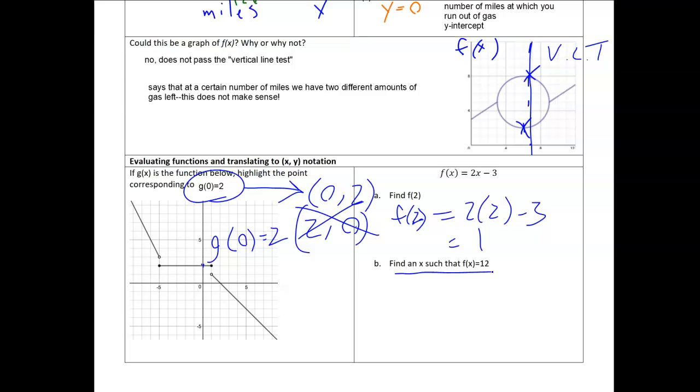This sounds harder, but it's just like if I said y equals 12. It means the same thing. So you'd be like, okay, 12 equals 2x minus 3. And then you would solve from there. And I think this gives you 7.5. And you guys know how to do that. I'm not going to show you the intermediate steps.